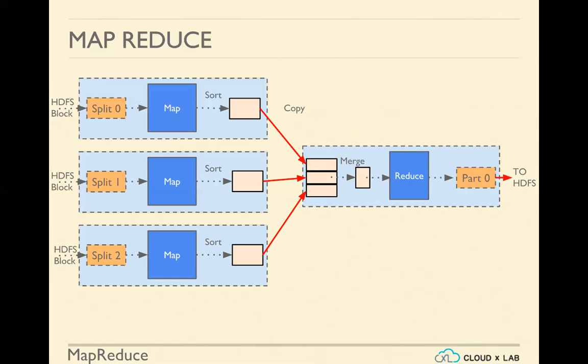If your file was really big, let's say in the case of Google, they were using 8,000 nodes, so there could be 8,000 machines on which your mapper logic is running.